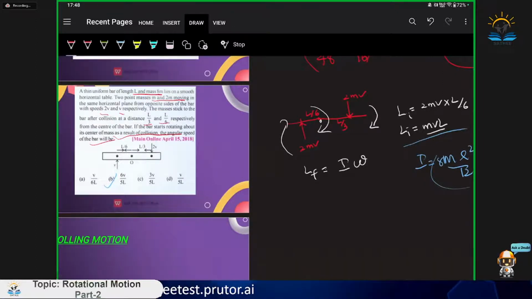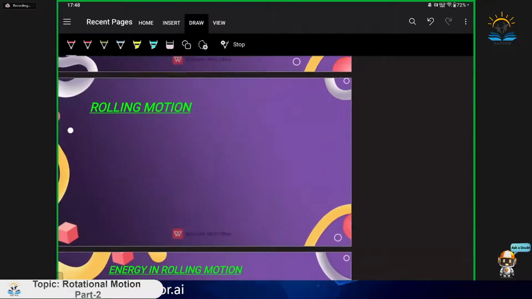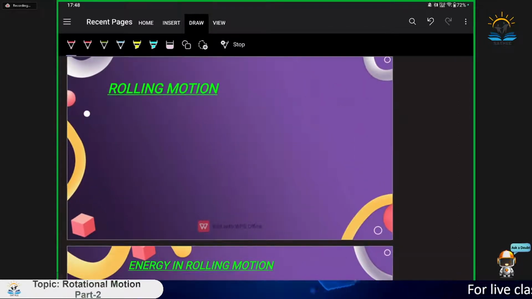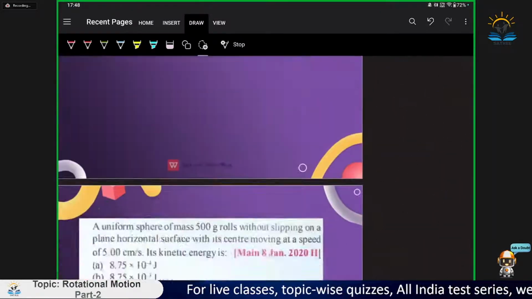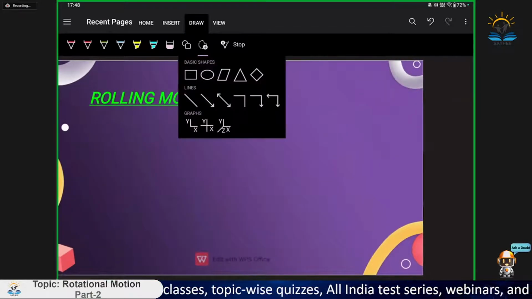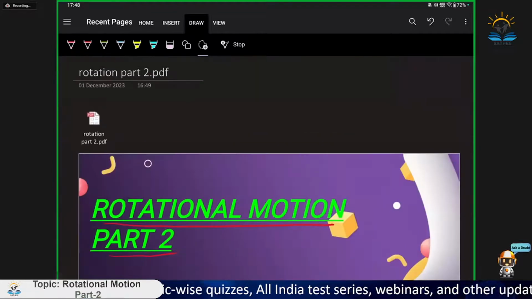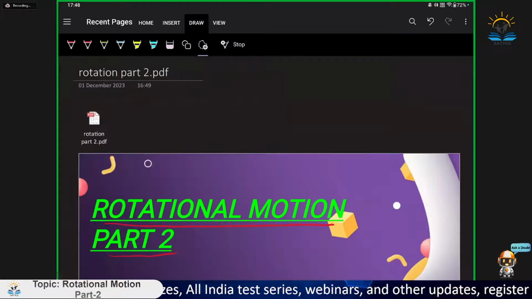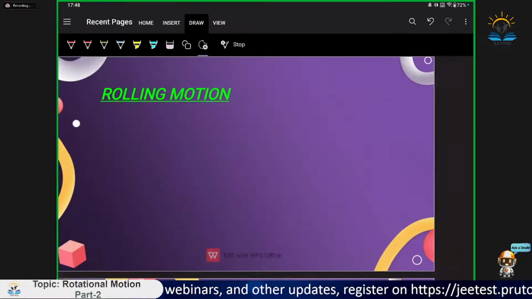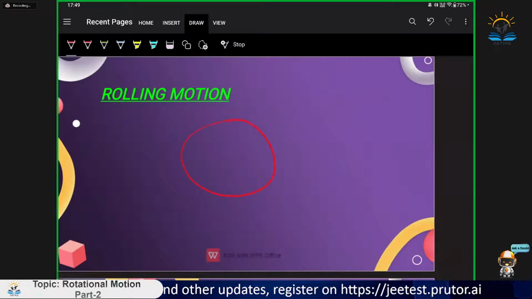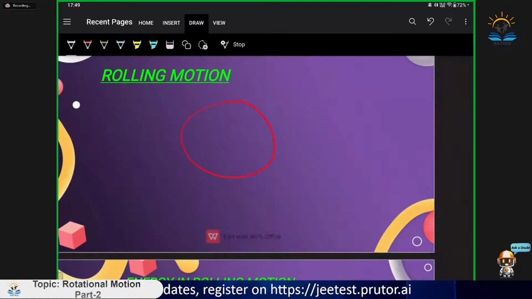Next, let's see rolling motion. If a body is having pure rolling, here I'm taking 4 points.